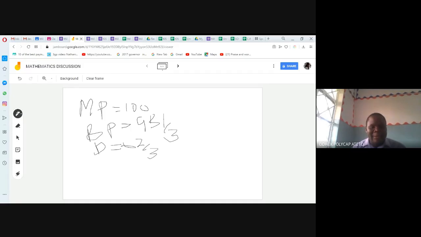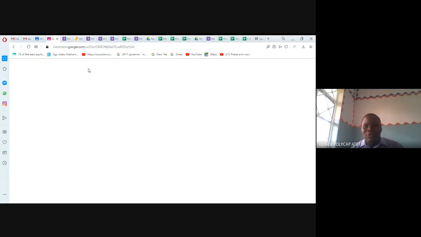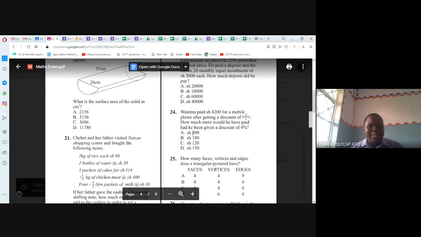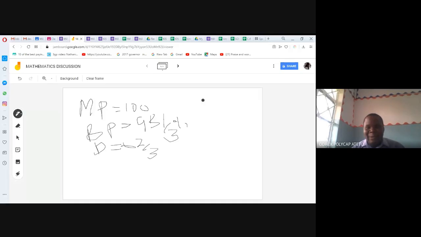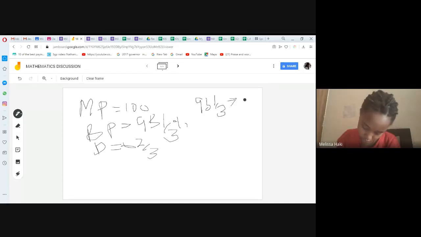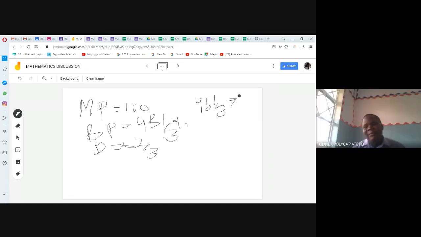93 and a third. So if it is 93 and a third %, this is the one which is equivalent to 4,200. So can you write that one now? Just put it as a fraction. 93 1/3% is equivalent to 4,200.